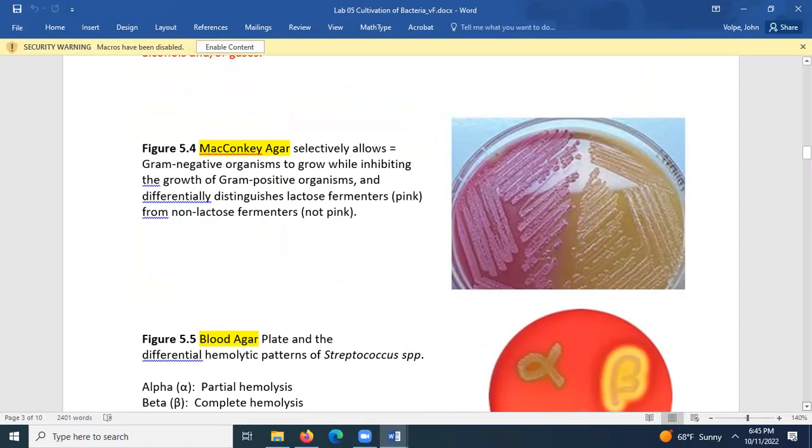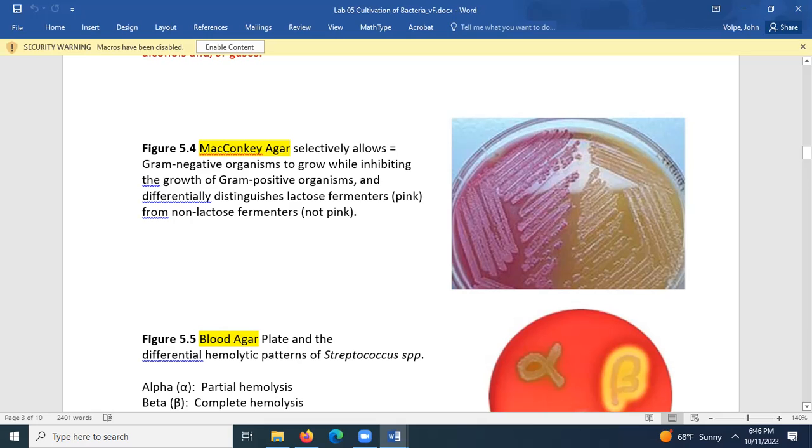Most gram-positives do not grow on McConkey's agar, but the gram-negatives do, so it is selective. It's selective because it has bile salts in it and crystal violet in it, and these don't allow gram-positive organisms to grow. You don't need to know why, but the crystal violet gets in the cell wall of the gram-positive and then stops the cell from growing.